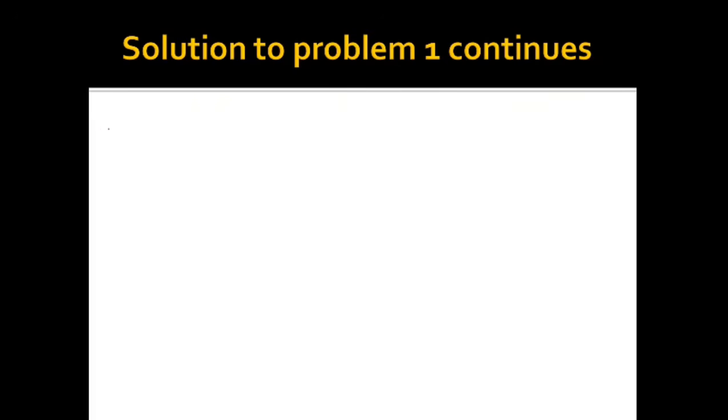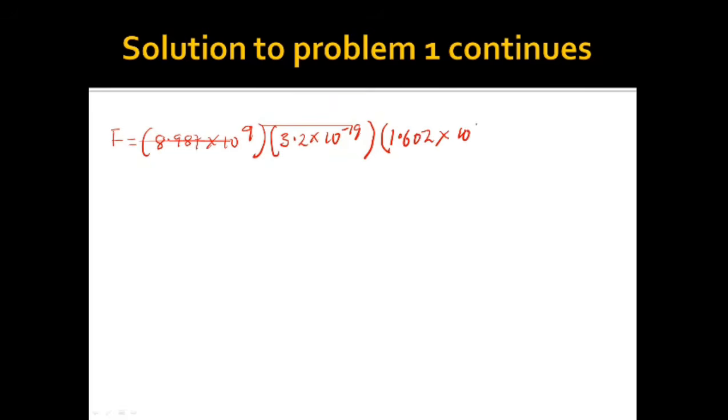Let's continue from where we stopped. We have that F equal to 8.987 times 10 raised to power 9, bracket close, times, then Q1 will be 3.2 times 10 raised to power minus 19, bracket close, Q2 is 1.602 times 10 raised to power minus 19, all closed.